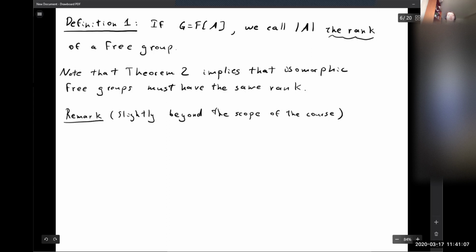Those of you who will be taking graduate abstract algebra will learn this in much more detail, but it's still worth mentioning that the universal property of free groups is actually defining.